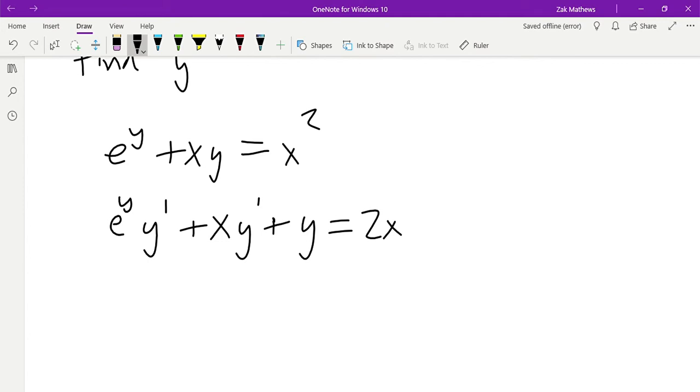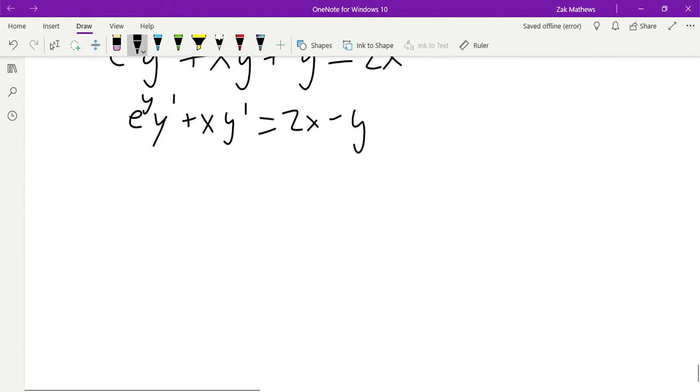So before we go on to take a second derivative, I need to isolate the y prime. I want to see what that first derivative looks like. That's going to make it much easier to see what the second derivative looks like. So I'm going to get the y primes to one side, meaning I need to take the y, the third term there, and subtract it over to the right-hand side. So we'll have 2x minus y.